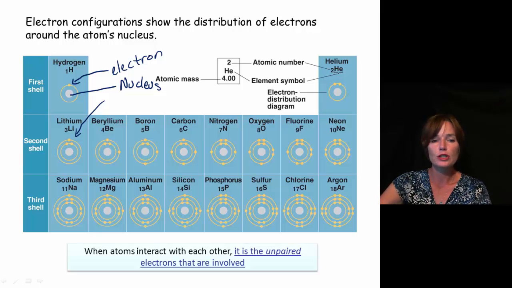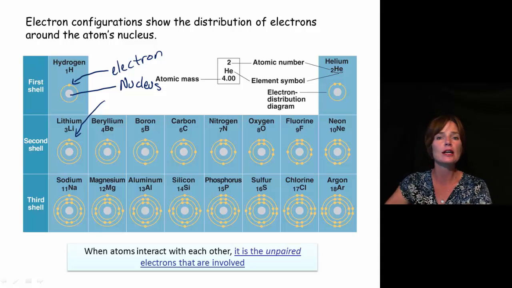So if we were to look at why this atom is going to interact with some other atom, the reason for atoms interacting with each other is that the unpaired electrons, or in other words, the electrons that are sitting there all lonely in their picture, would like to have a partner beside them.